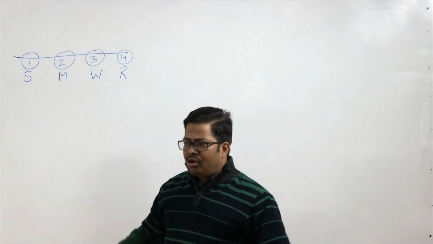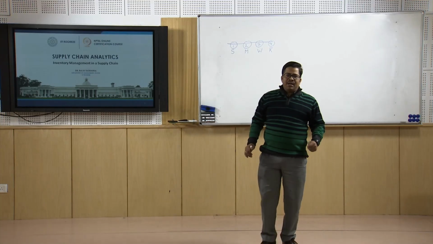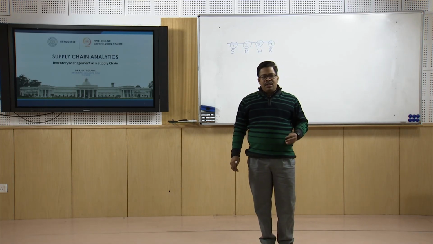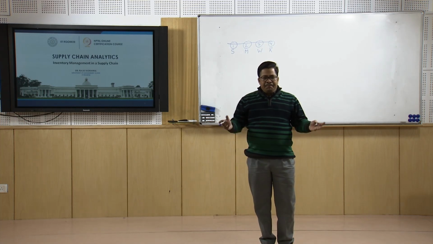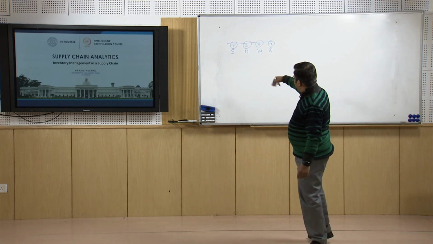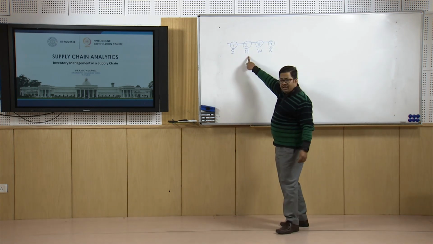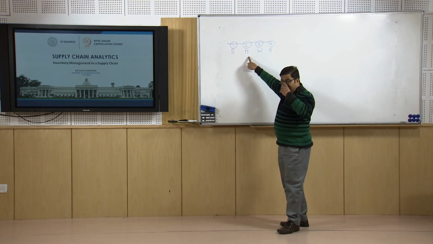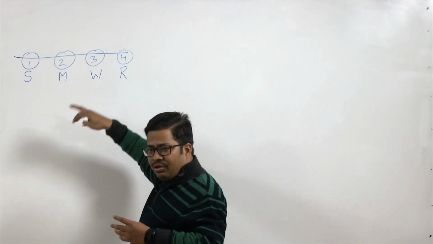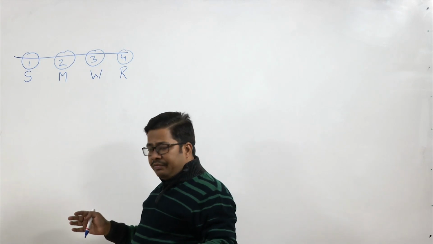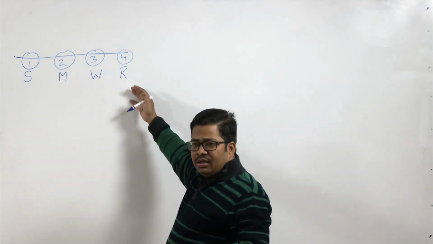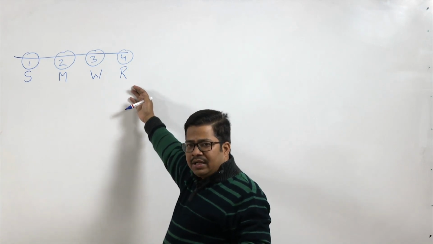These are normally the 4 components available in a supply chain: the supplier of raw material, components and other parts, then some manufacturing or assembly of those components, the wholesalers or dealers who take products from the manufacturer, and finally customers get their products at the retailer's end.